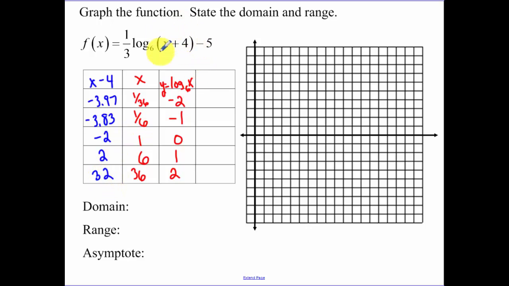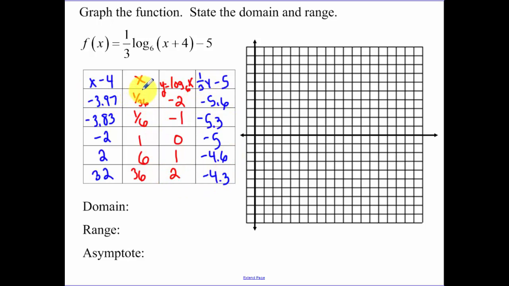Okay, so that's that piece. Now, your y's. You have 1/3 times the whole thing. That's your a. So I have 1/3 times y minus 5. And again, I used my calculator to get these numbers. And what I'm doing is I'm plugging in these y values for y and calculating it out.